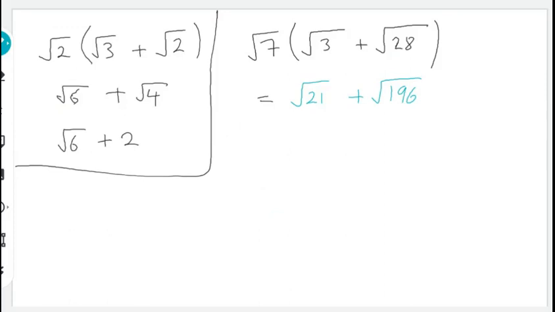It's got a nice square root, should I say. Is it root 21 add 14? Yes, the square root of 196 is 14. So square root of 21 plus 14.